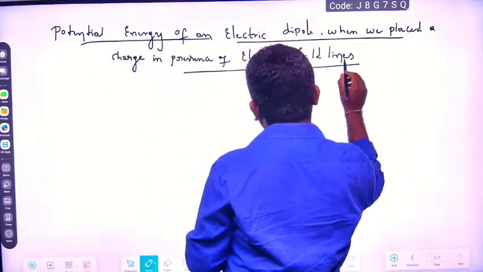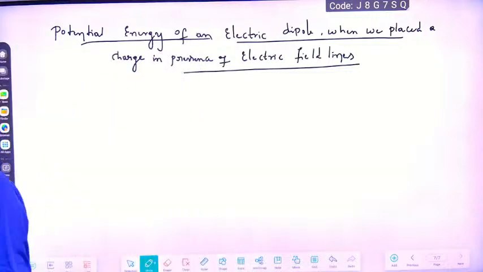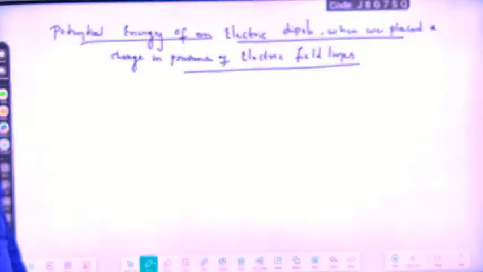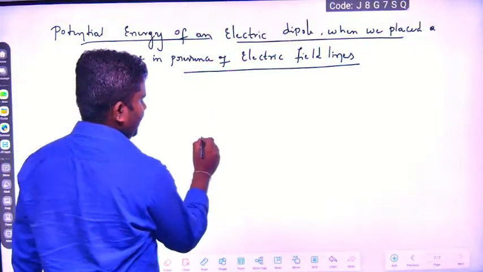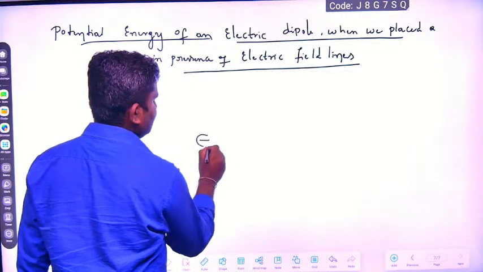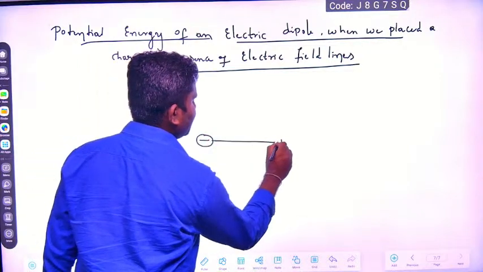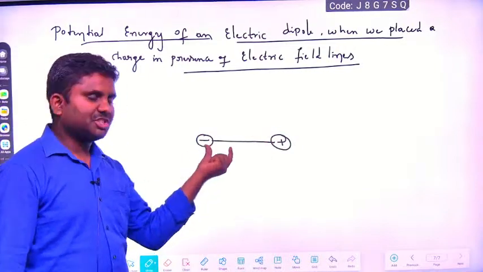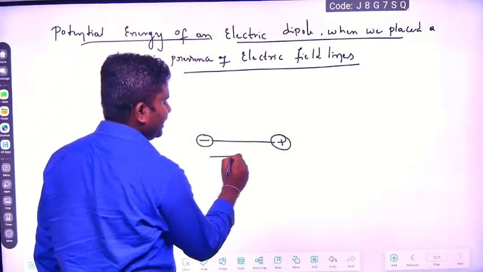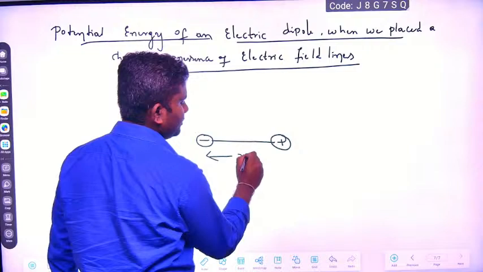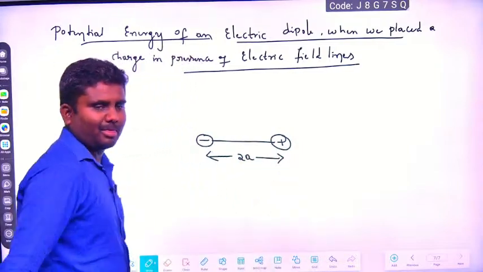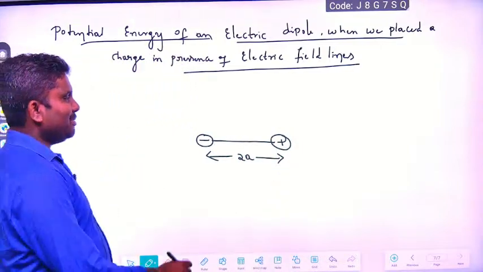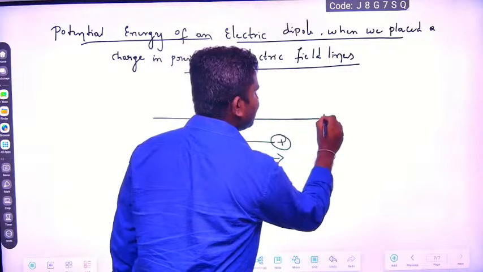I will do a random discussion. Just see, now you take a dipole. I will take a dipole with a negative and a positive charge. They are equal and opposite charges separated by a distance 2a. Correct, right? This dipole I will place in the presence of electric field lines.